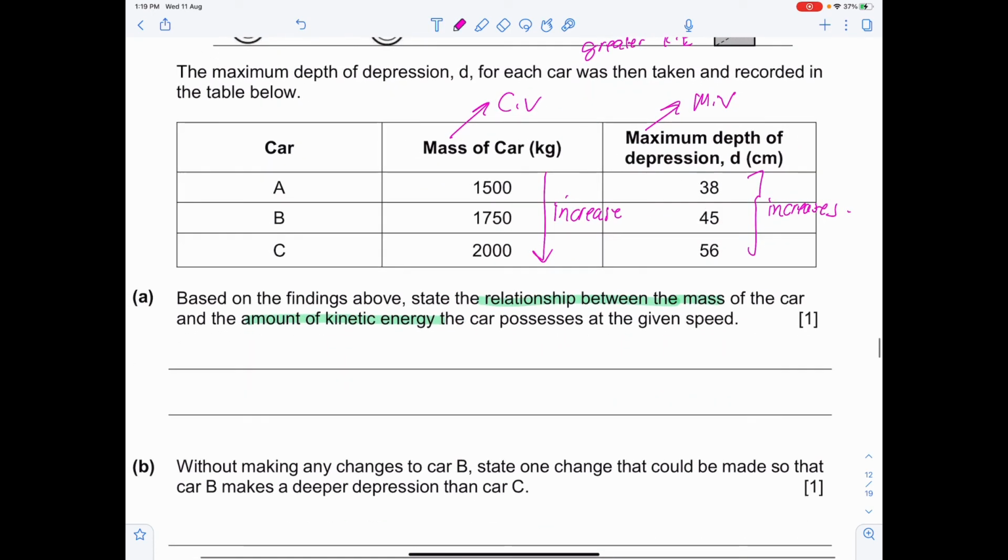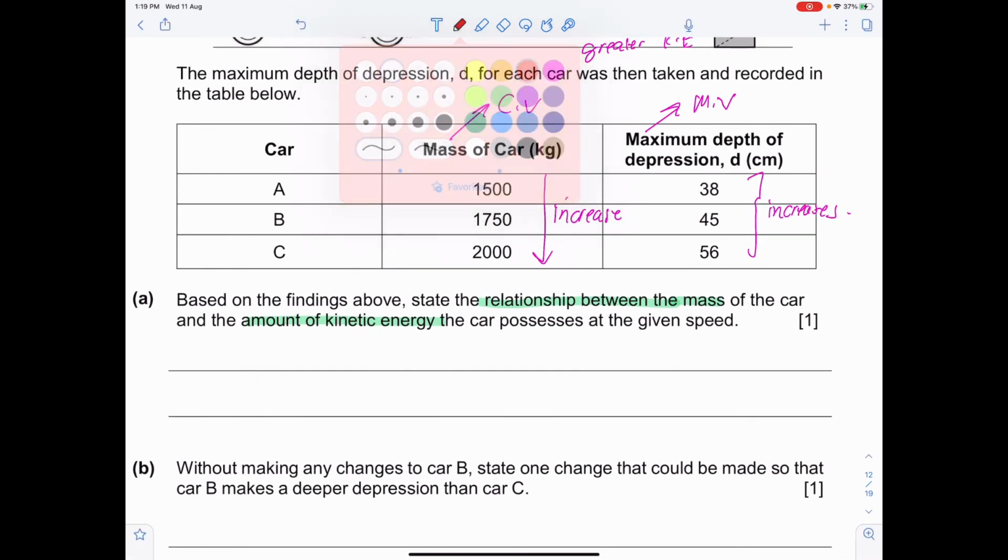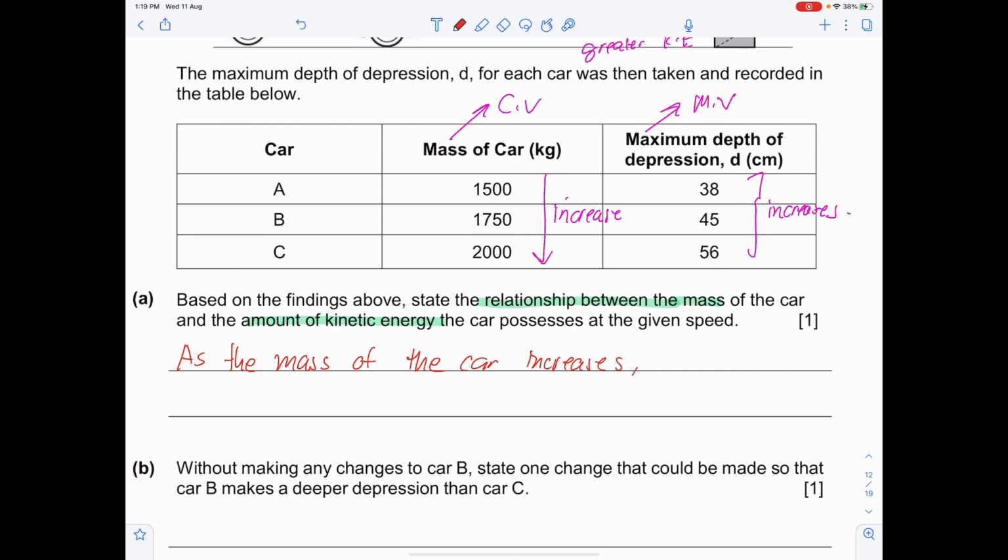So how would the answer look like? Okay, as the mass of the car increases, the amount of kinetic energy the car possesses also increases.